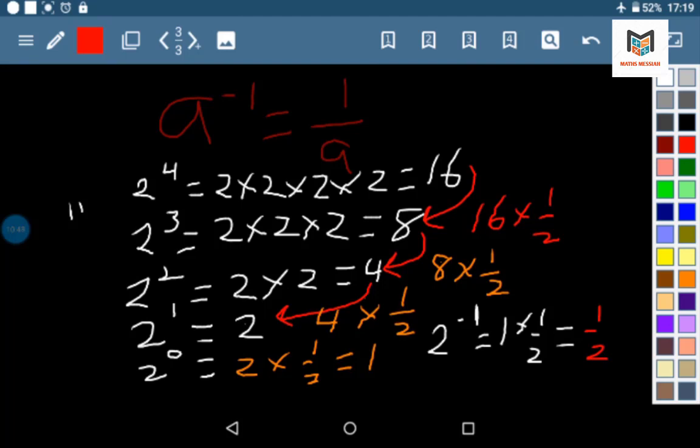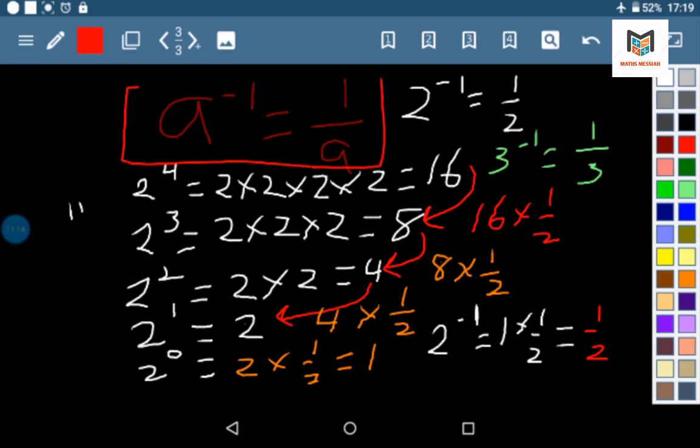So that is why when we have 2 raised to the power -1, we have half. So in a simple case, when you have 3 raised to the power -1, it will give you 1/3. So this satisfies our proof over here.